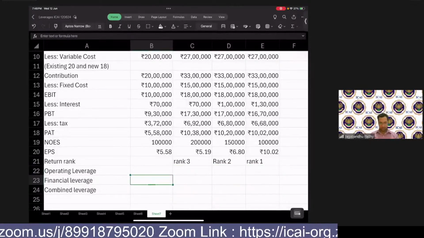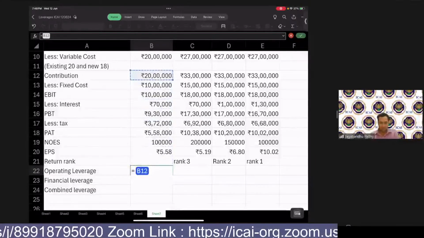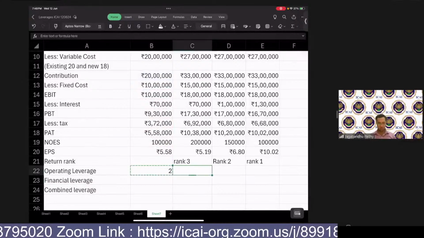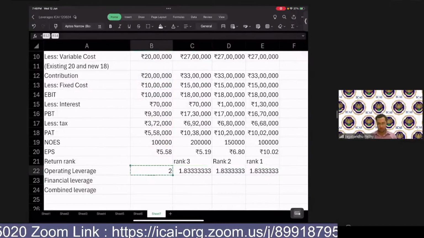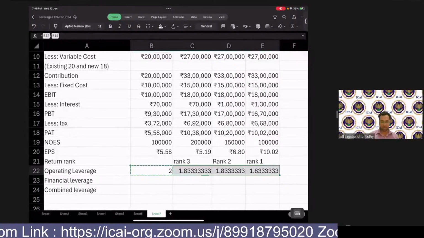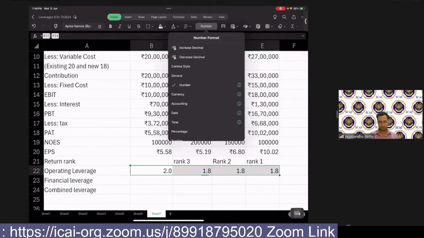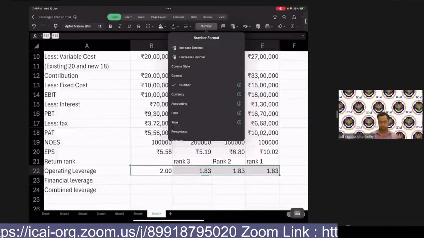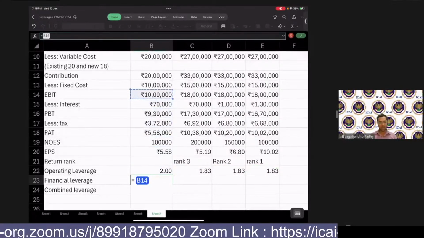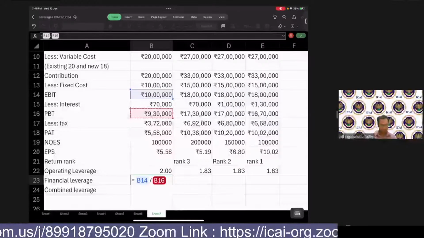Check if you're getting the operating leverage of contribution divided by EBIT. Financial leverage will be EBIT divided by profit before tax.